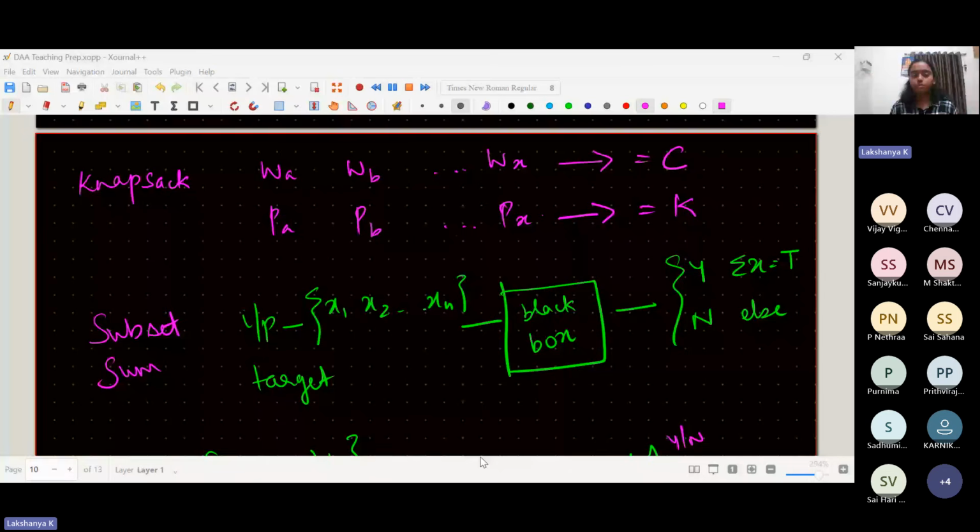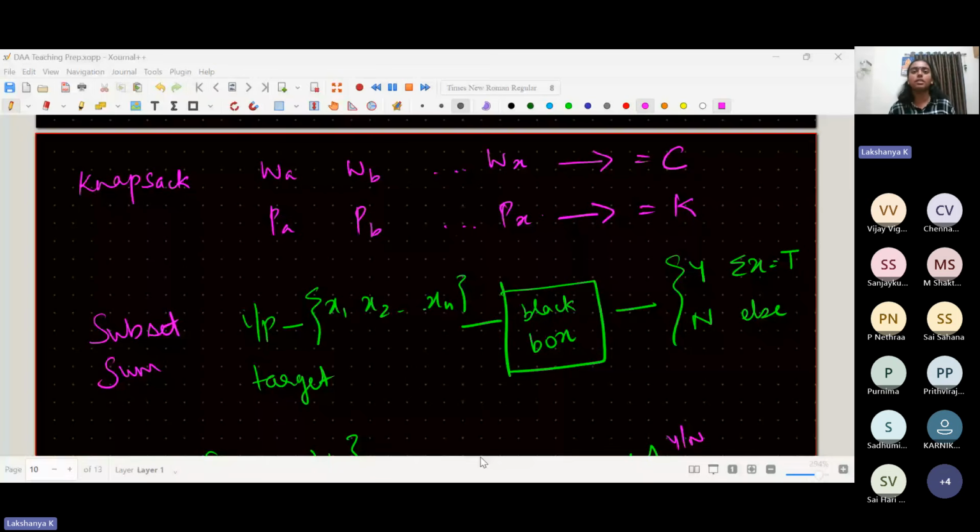If you want to make it total weight less than C, you can do that, but how you use the subset sum machine will change in that case. You will have to run it multiple times for values C, C minus 1, C minus 2, and so forth. How you use the solution of subset sum to get the solution of knapsack will change depending on how you have defined the knapsack problem.